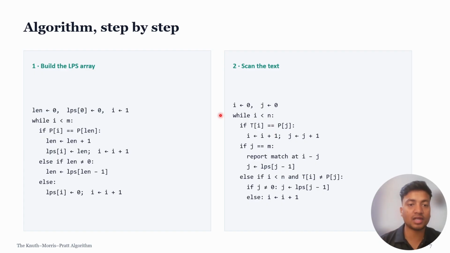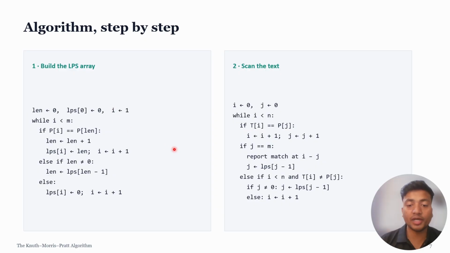In this slide we will learn about the algorithm step by step. The KMP algorithm has two main phases. First, build the LPS array from the pattern. Second, scan the text using the LPS values.